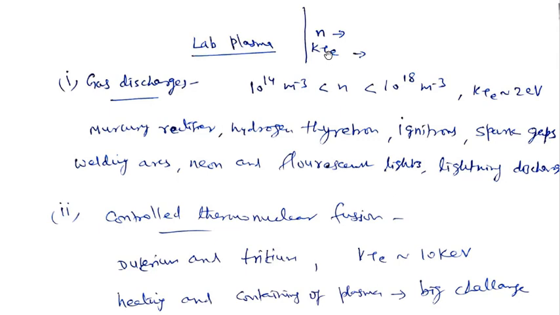The research was done with weakly ionized glow discharges and positive columns, typically with a temperature of the order of 2 electron volt, and the density varies from 10 to the power 14 to 10 to the power 18 per meter cube.